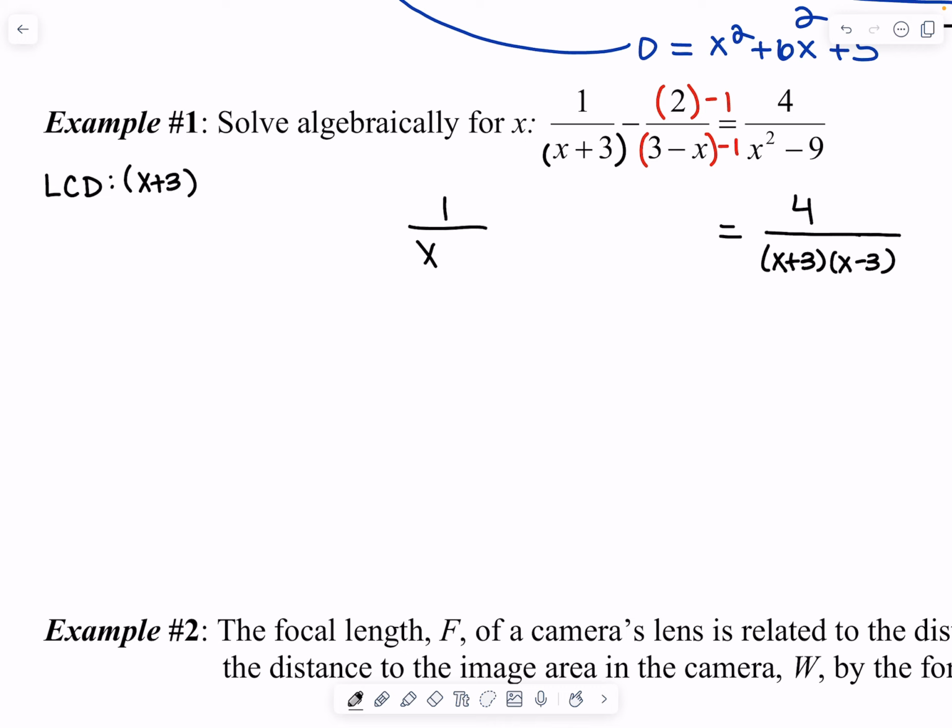I'm going to rewrite the first term, and then think about what would happen here. So this -1 up here is going to multiply with the 2, make it a -2, right? So I'll put the minus here, that's -2. And then this -1 down here is going to make this initially into a -3 plus x, which if I swap their order, there's my x minus 3.